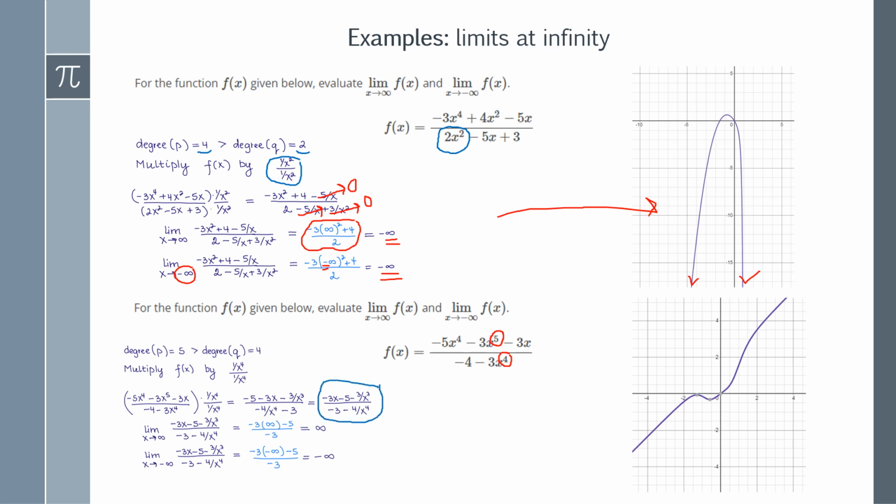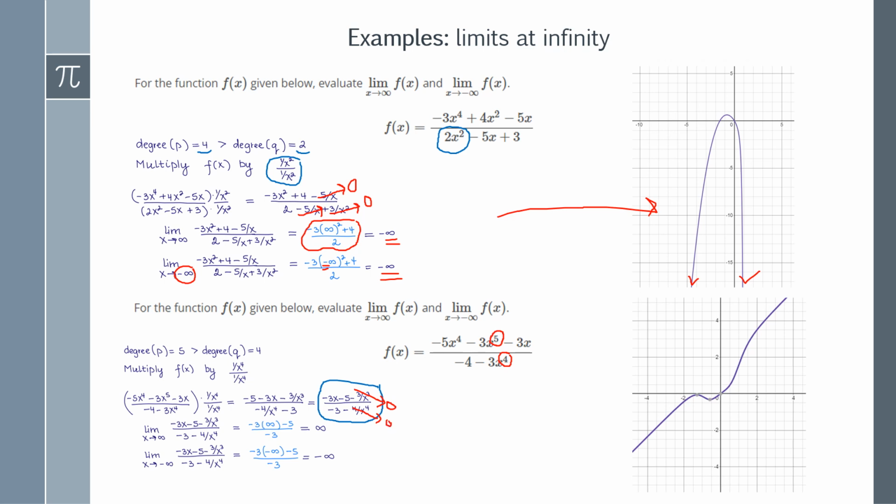Negative 3x minus 5 minus 3 over x to the third power. And that's going to be the term in the numerator. And in the denominator, we get negative 3 minus 4 over x to the fourth. And notice that these terms right here, they're going to vanish as x goes to either positive or negative infinity.